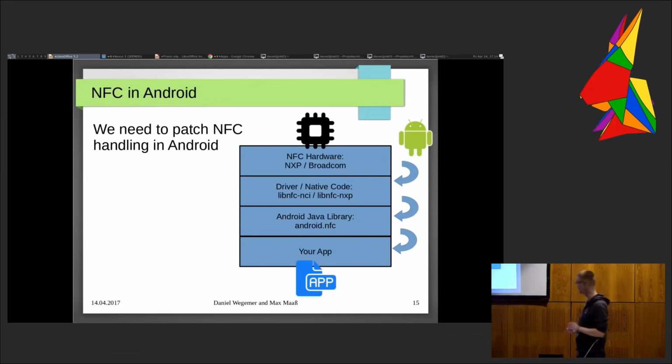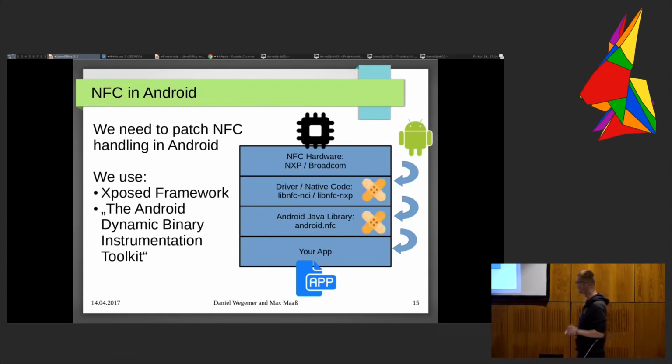Then you have some Java libraries, which are provided by Google. And in the end, there's your app. So we need to patch these two layers. I'll explain the reasons behind this in the next slides. But for patching, we use the Xposed framework and the Android dynamic binary instrumentation toolkit.